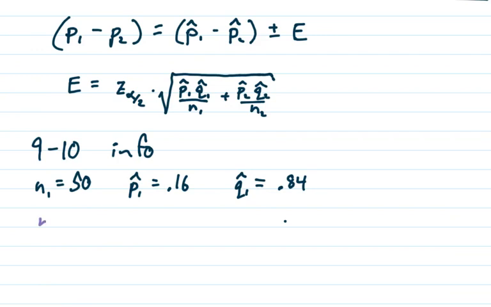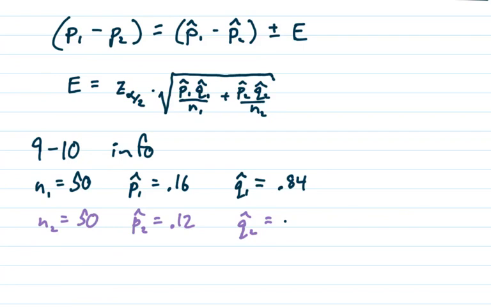Then for the second population, this was the car thefts. The first one was the burglaries. We had 50 car thefts. The arrest rate for this sample, so that would be p2 hat, that was 12%. And in the previous problem, in example 10, we needed the actual number of arrests that they made.